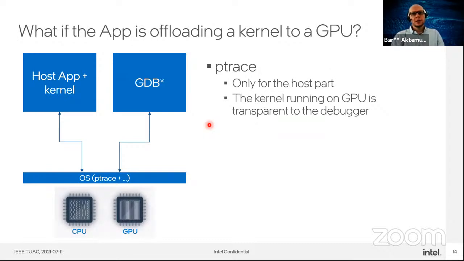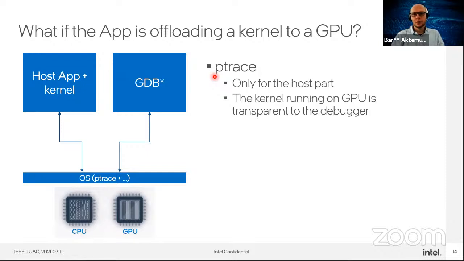But what if the application is offloading to a kernel? In this case, the host application is still there, but it has a kernel that is offloaded to the GPU. It doesn't run on the CPU anymore. So ptrace works only for the host part.